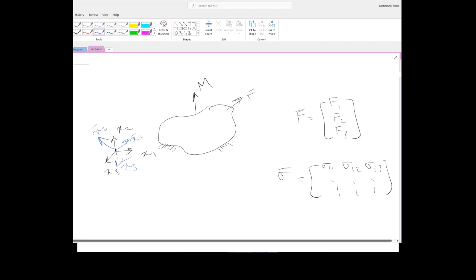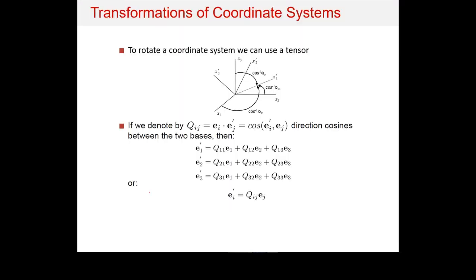Now to do the transformation, you have what we call the transformation matrix. I'm just going to show you the matrix. So the transformation matrix is basically related to the angles between the old and the new coordinate system. So this is the old coordinate system. This is x1, this is x2, this is x3. Now the new coordinate system is here.